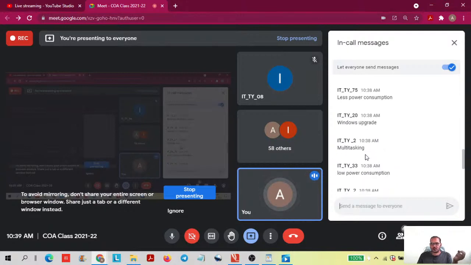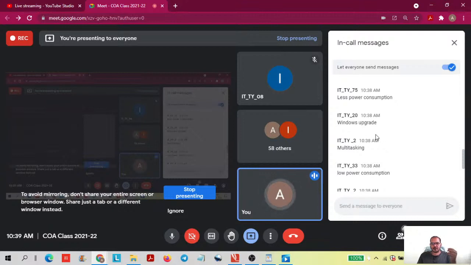Then the operating system. The operating system is also a main part of processing, and it has changed since the vacuum tube era. Multitasking is very important. Nowadays in my mobile phone I open many applications.